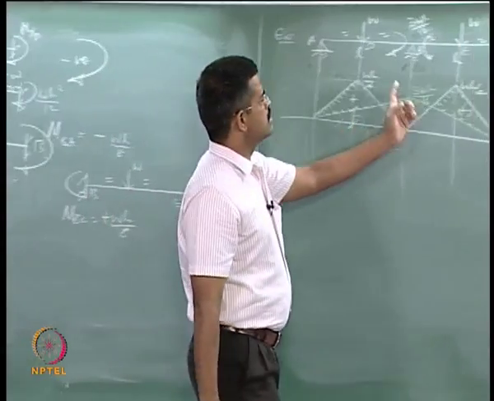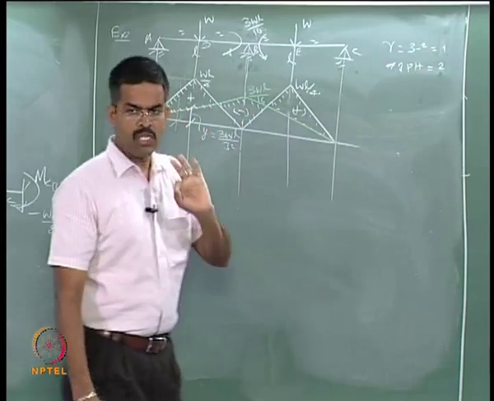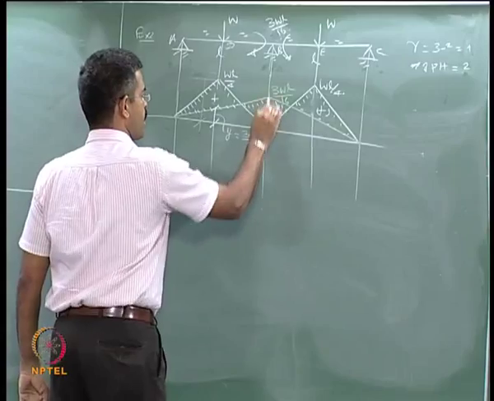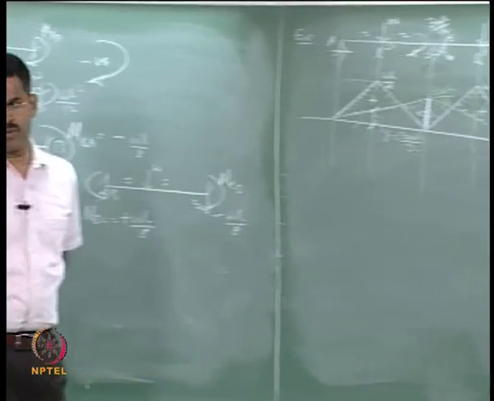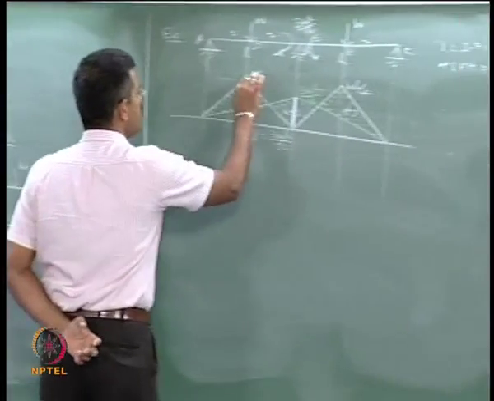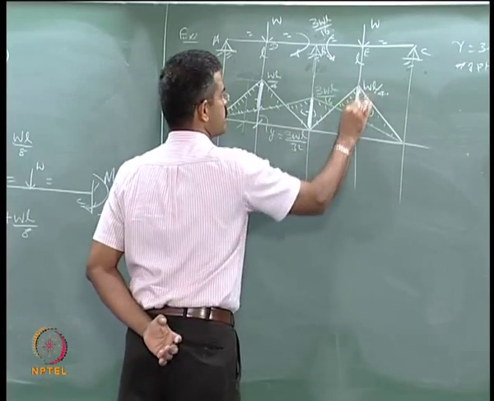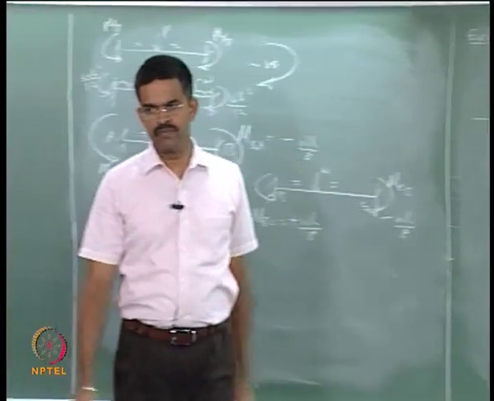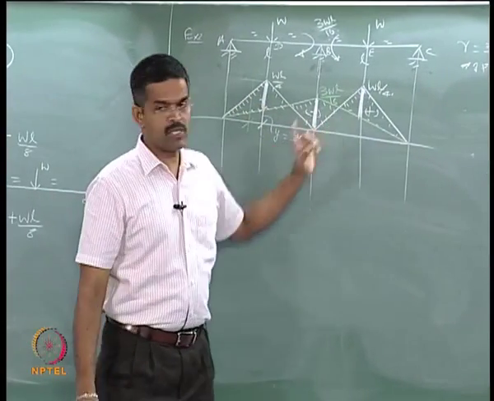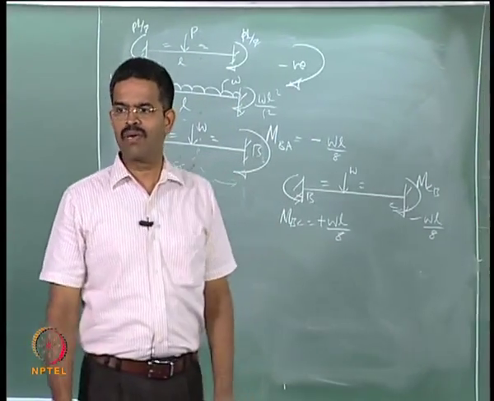How many plastic hinges can this section have? 2. One is for sure at B, let us say for example. One will be here or here, is it not? Since the structure is symmetric, it can have more than R plus 1 also, which is called overcomplete collapse.